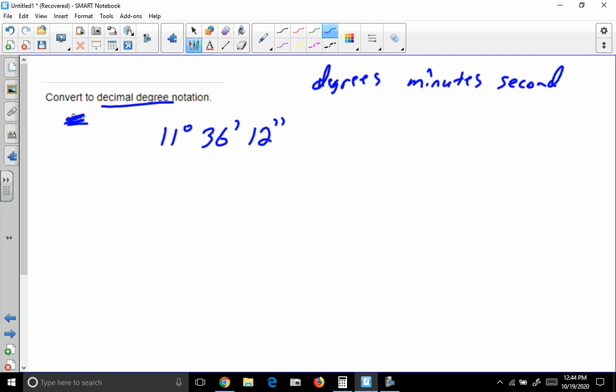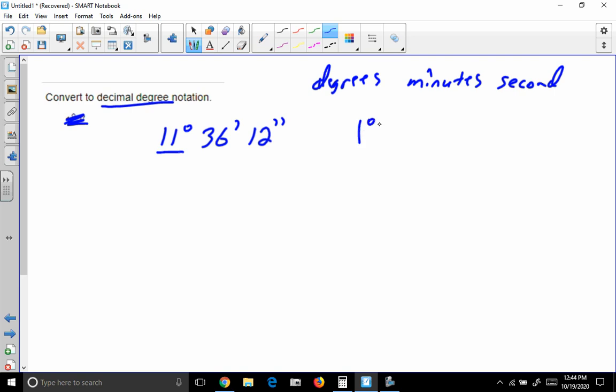Sometimes angles are listed this way. Sometimes they're listed as decimal degrees: the full degrees in it, and then the decimal part of the degree, the remaining portion of the degree written in decimal format.